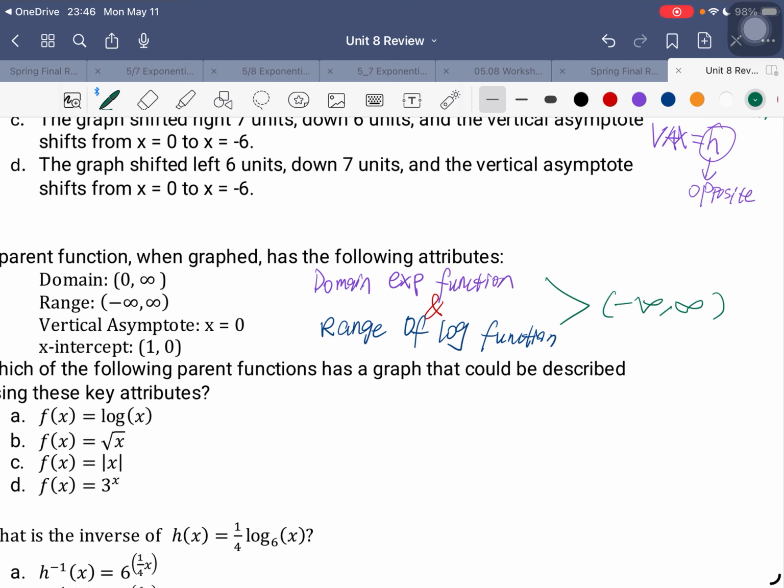This is something very important. And then you should be able to figure out what's the answer.